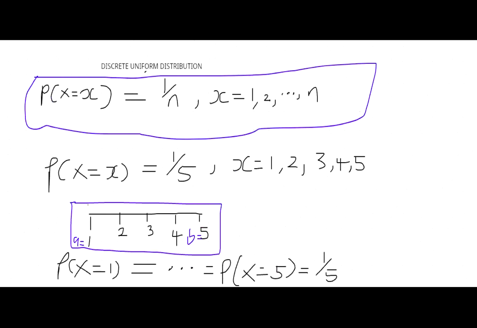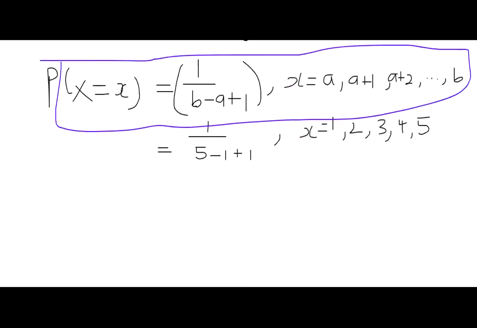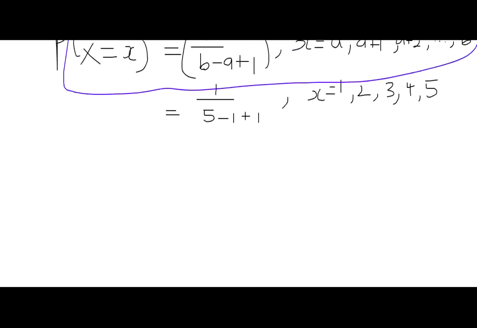If you are interested in seeing the cumulative distribution function of the discrete uniform distribution, it will look something like this: the probability that x is less than or equal to x. If you remember, I told you to call this capital F of x.